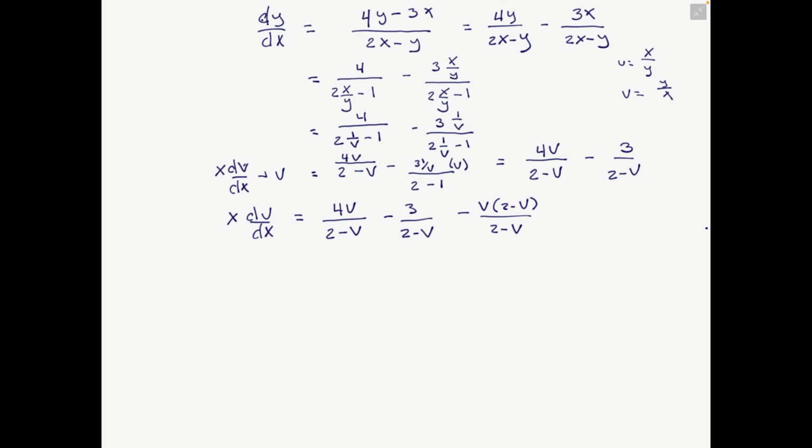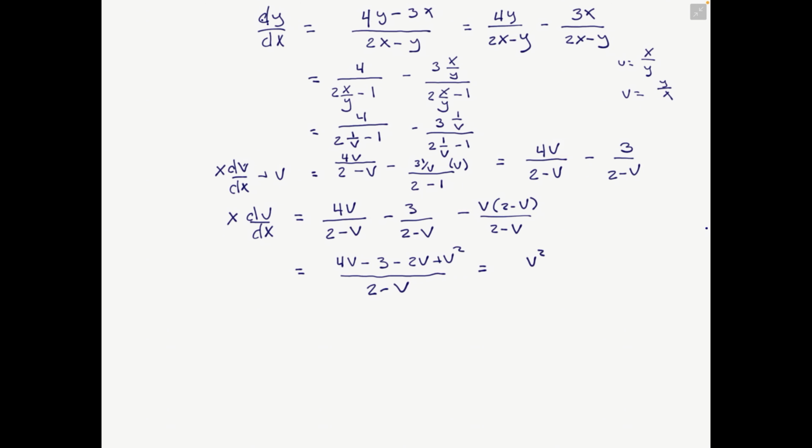And what does that give us? We have 4v minus 3 minus 2v plus v squared, all over 2 minus v.